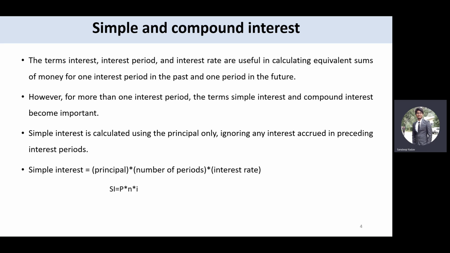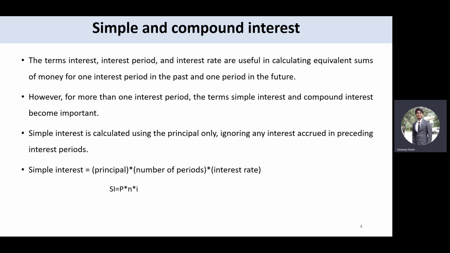So, if we buy something today and want to know its value tomorrow or after some time, then we have to know what the interest rate is, and whether it is compounding or a simple interest rate. So let's start with the simple interest rate.